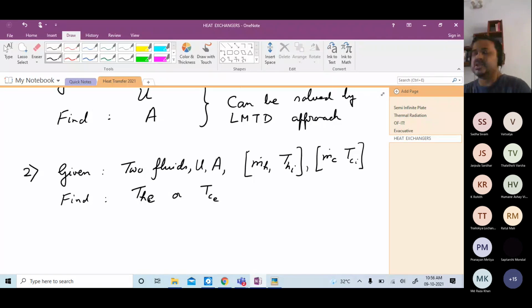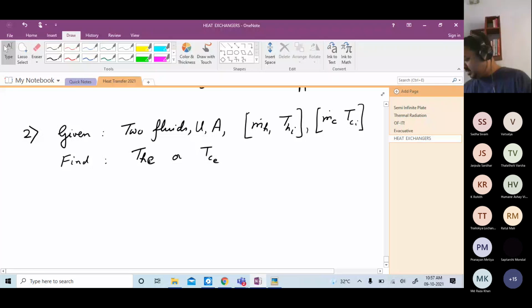Can you use LMTD? So we will get a variable inside and outside the logarithm. So then it becomes very complicated to solve completely. Yes, exactly, you will have to use trial and error. Let us see exactly what you said.